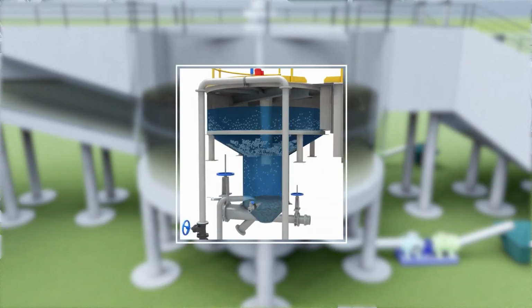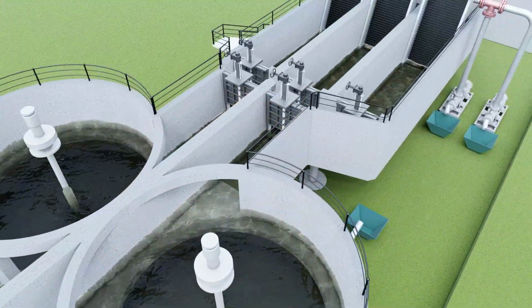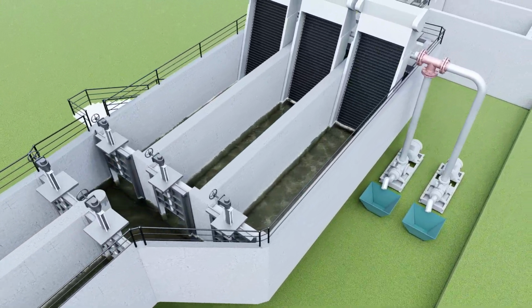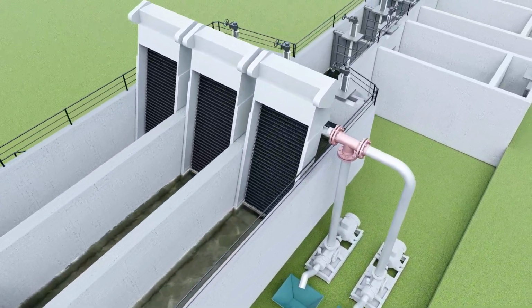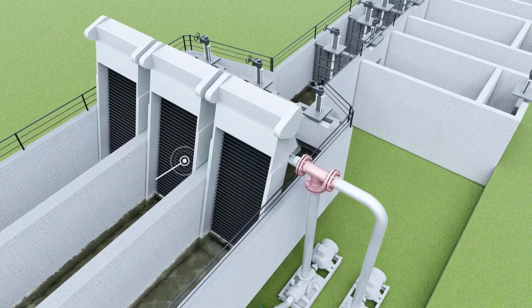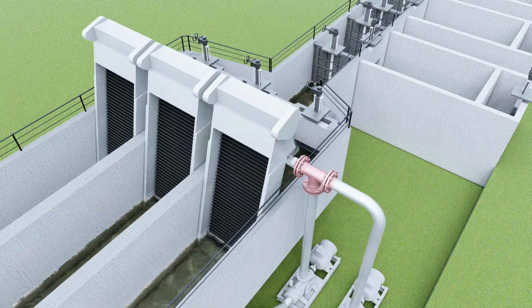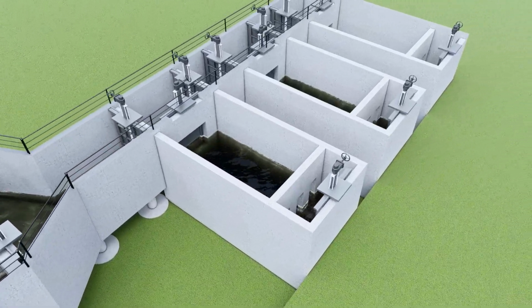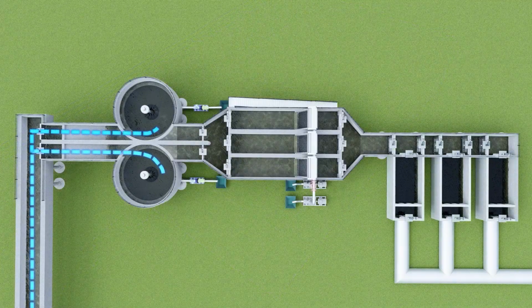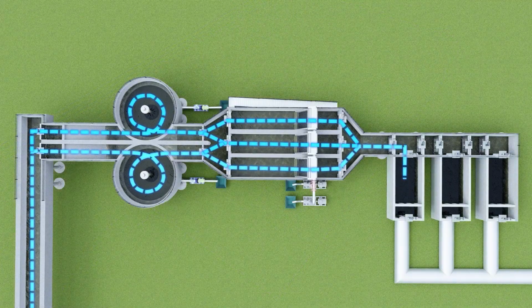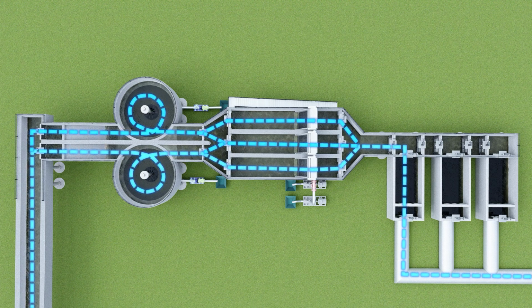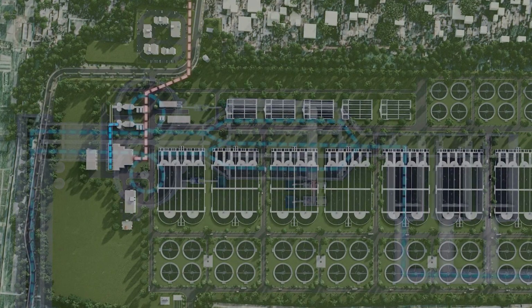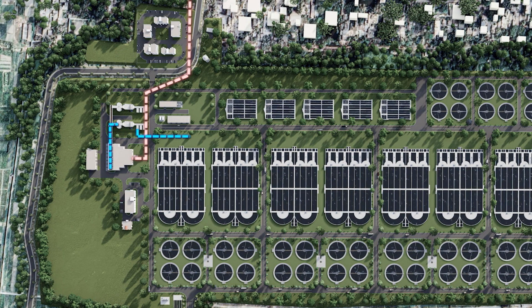This sludge will then be moved to the sludge treatment area, and water will be bypassed to the next screening area to filter out microparticles using a fine screen. From here, the water will be bypassed to the biological treatment plant.